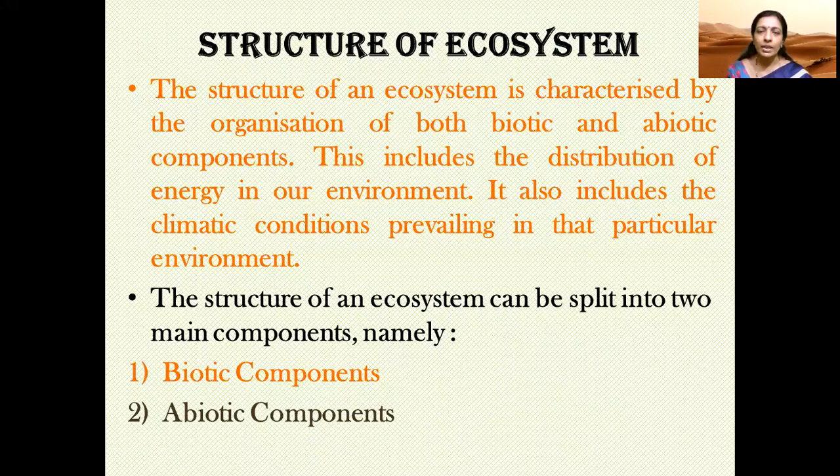Now, in an ecosystem, we have to understand that when there is an interaction between the biotic and the abiotic components, there is distribution of energy. Also, the various climatic conditions and the surroundings affect that particular environment.